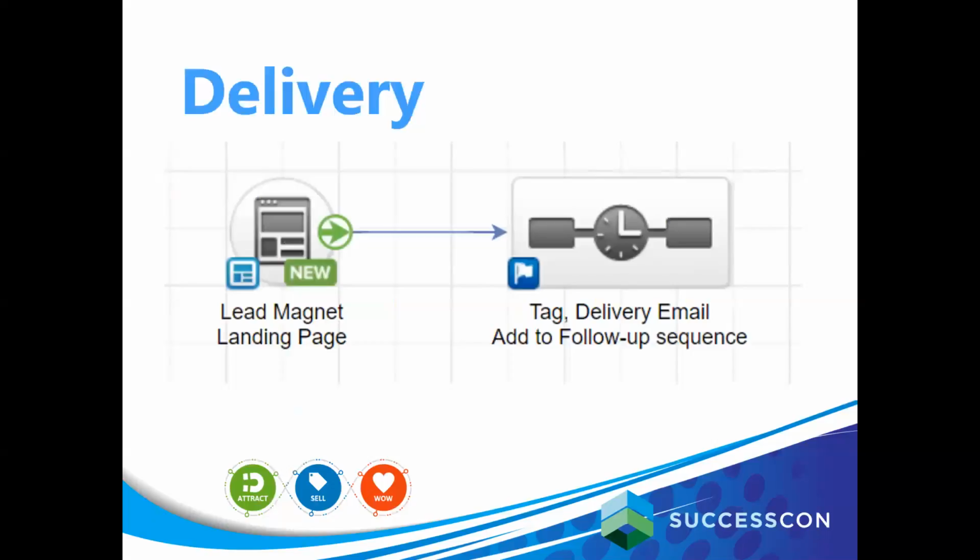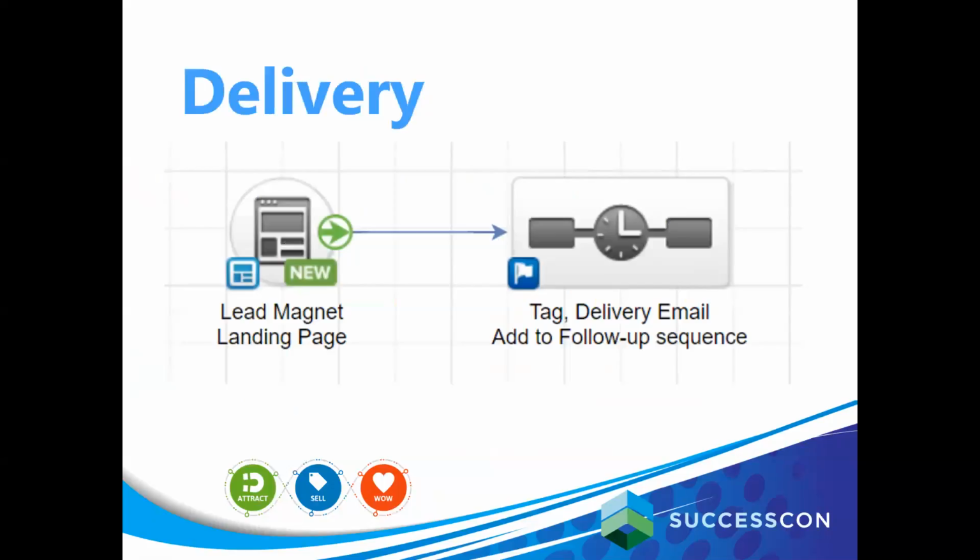So it would be the first name and then email address, and then inside of the delivery sequence, we would just simply tag them that they have downloaded the product or the lead magnet. We would actually deliver it to them, whether it's a file that is uploaded as an attachment into an Infusionsoft email, which can be done, and I'll gladly show you guys how to do that.